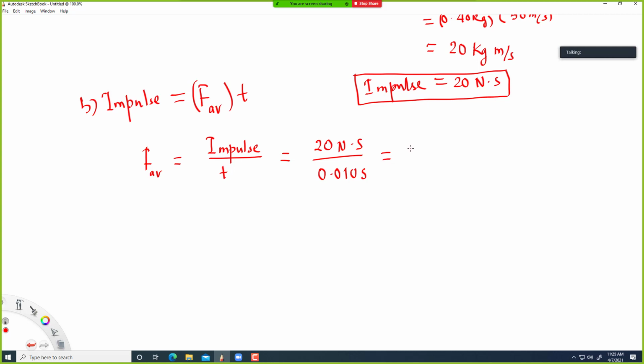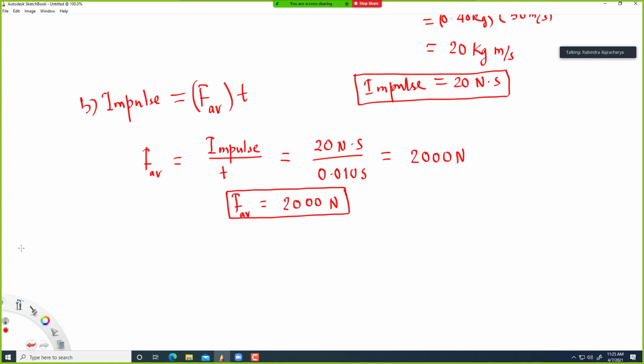Or no, not 500. Is that 200? 2000? Okay, 2000. 2000 newtons. That's the average force. So those are the applications of the impulse momentum theorem.